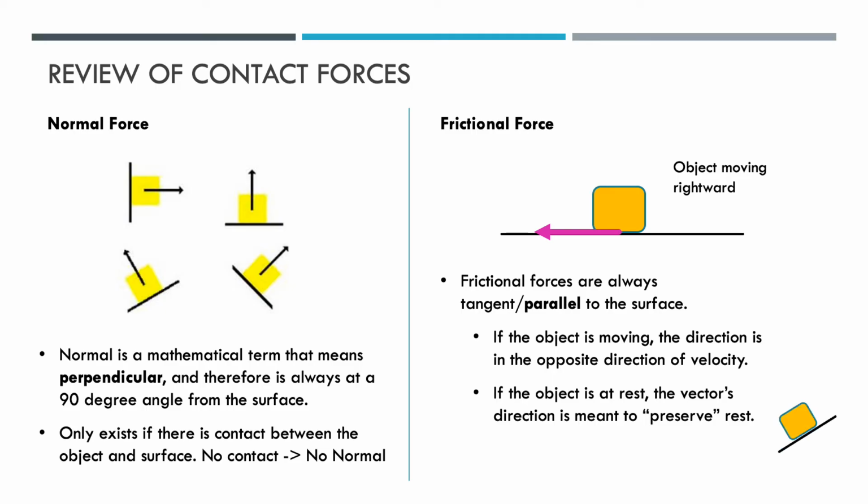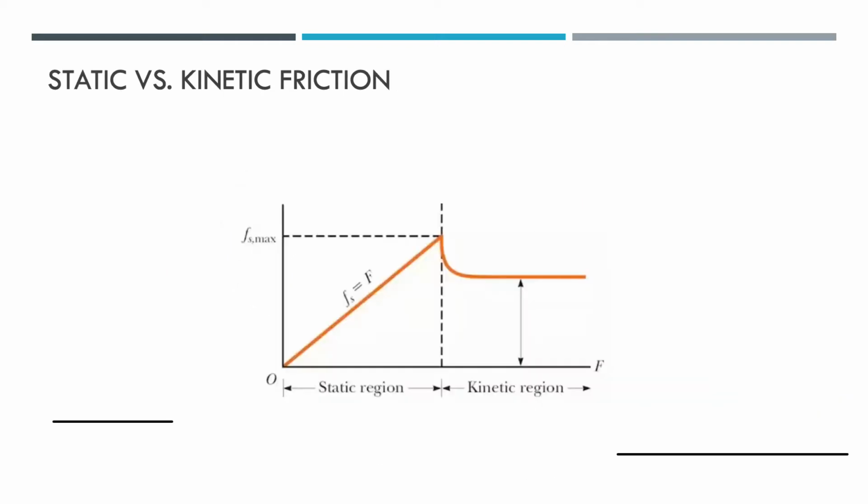So let's say we have this object on an incline. That object wants to slide down the incline. So friction will oppose that falling by going in the opposite direction to preserve the rest. And finally, if something is rolling, the direction of friction is in whatever direction helps the roll.